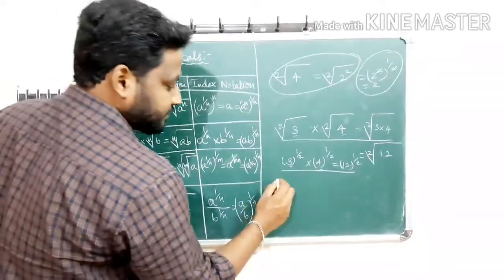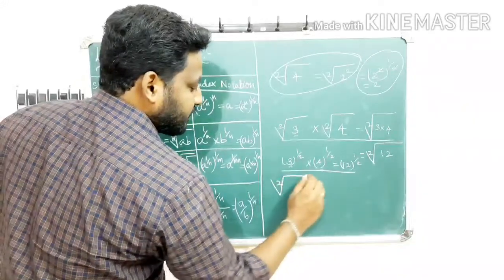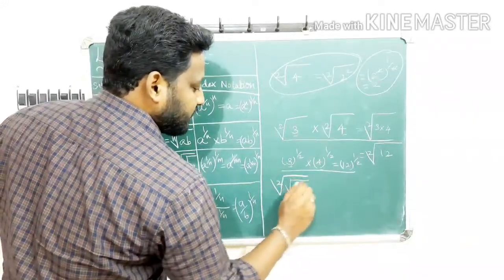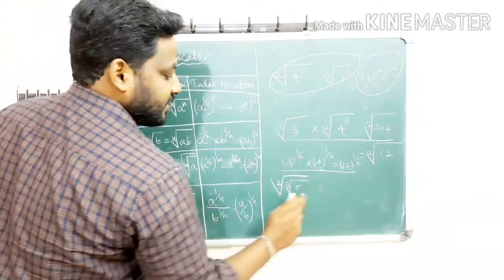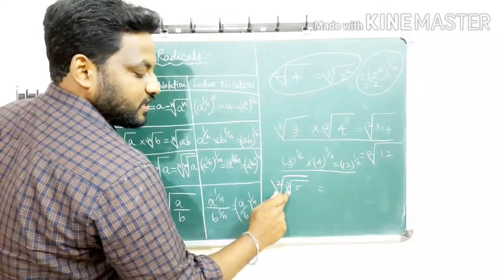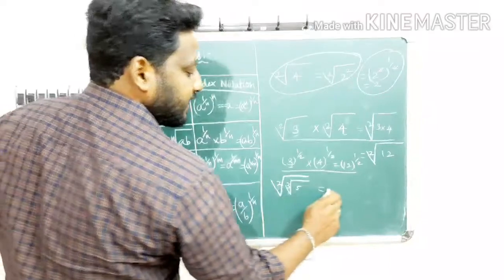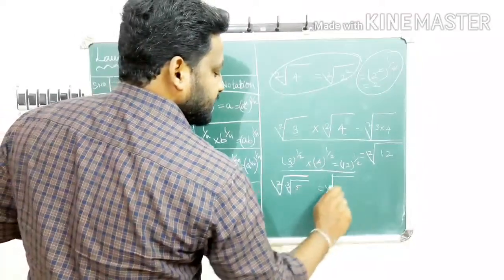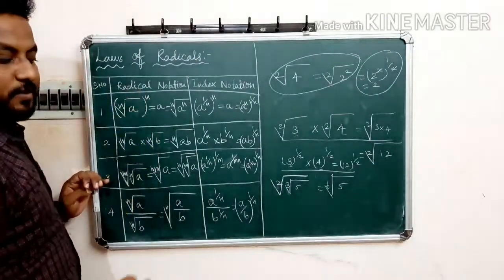For example, the square root of the cube root of 5. Here 5 is the only number, but two roots are given, one is the square root and another is the cube root. So we multiply these two roots, 2 into 3, 6. So the 6th root of 5. This is the radical notation.